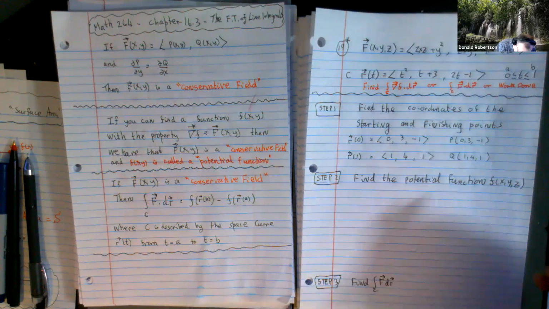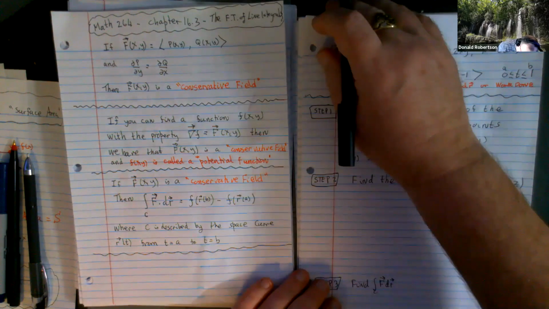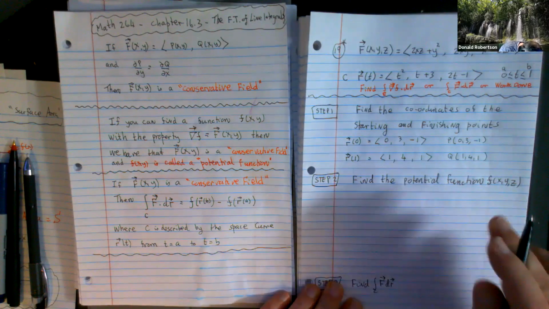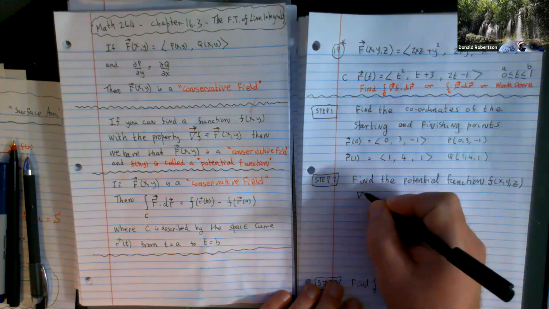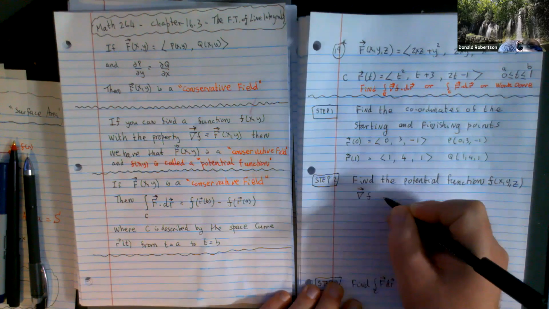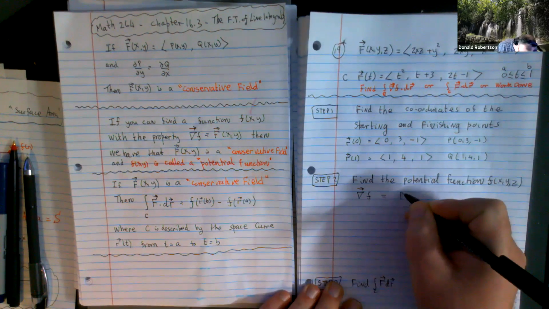So now in step 2 we find our potential function, the little f. We find it because we know it has this property, that the gradient of f is our vector function.